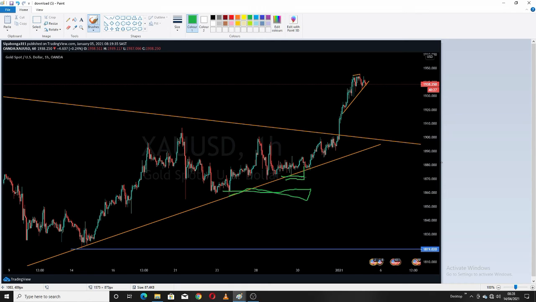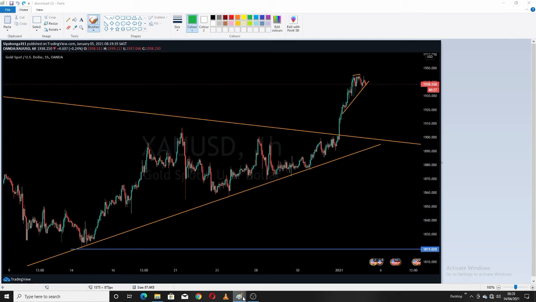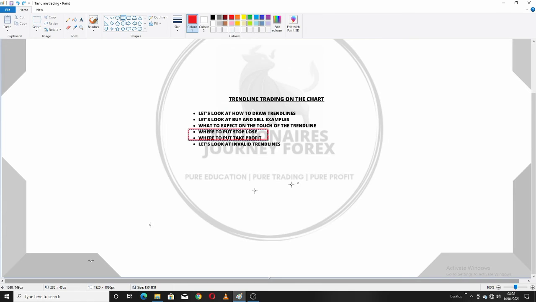Now that you know that, okay, if the market reaches this level, it means this trend line is broken and the market is about to reverse. So I'm sure now you understand where to put your stop loss and take profit.